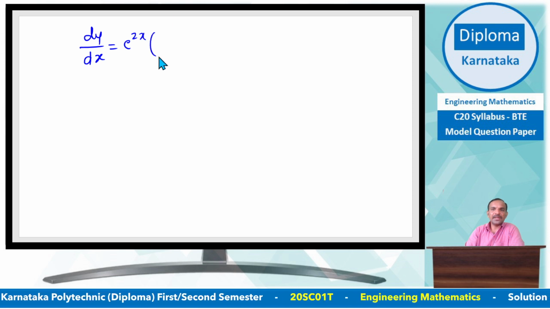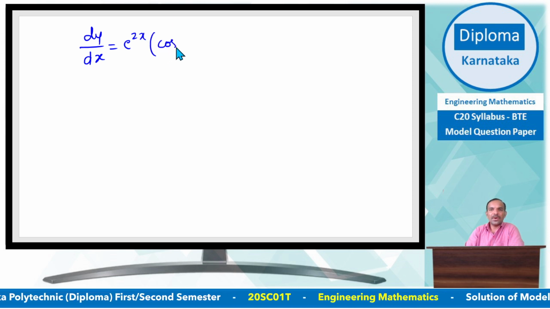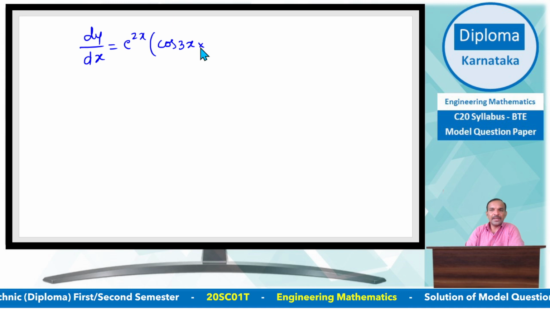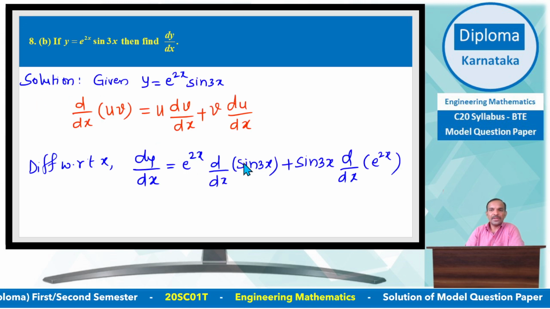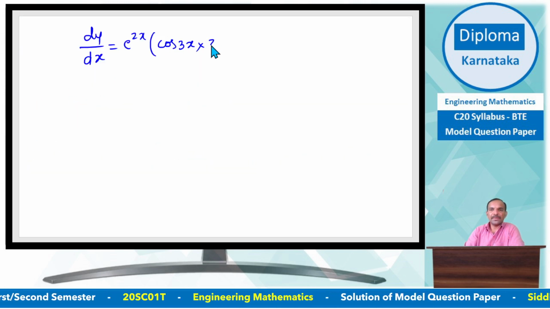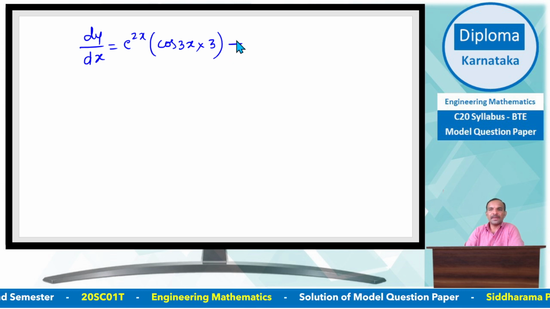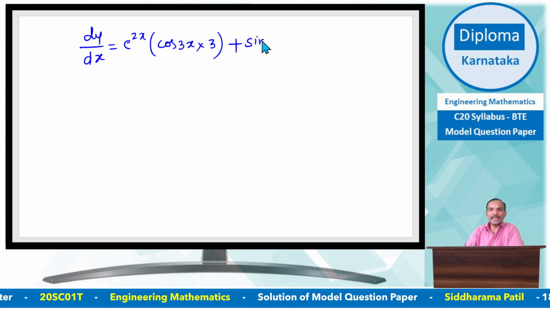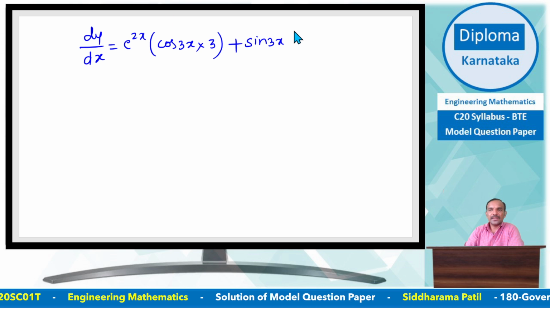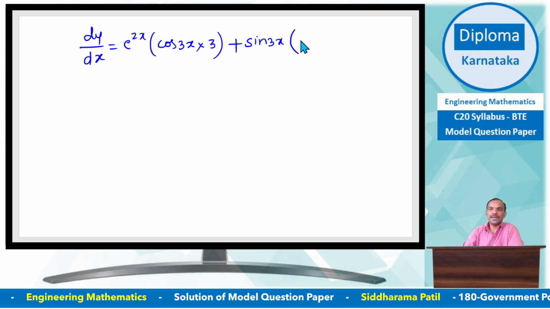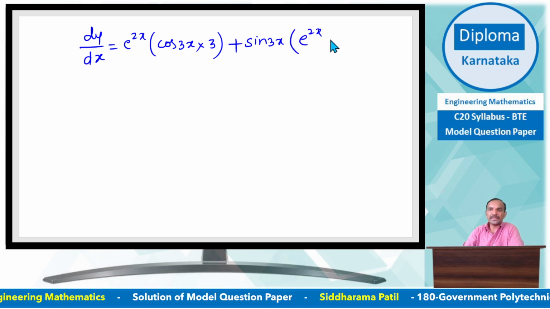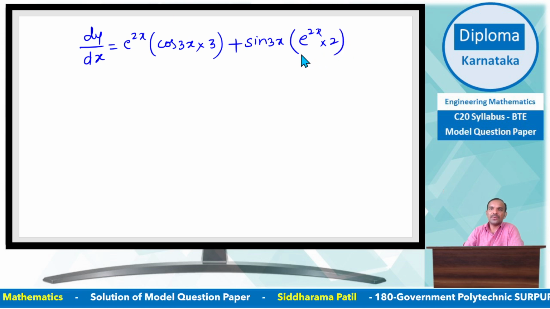Sin 3x differentiation is cos 3x into 3, from chain rule, 3x differentiation is 3, plus sin 3x as it is, e to the power 2x into 2x differentiation is 2.